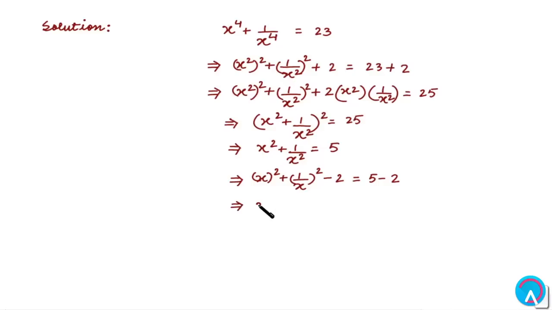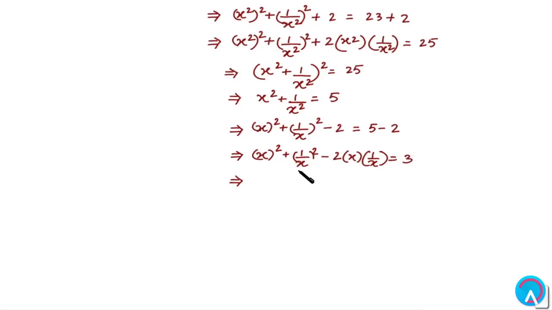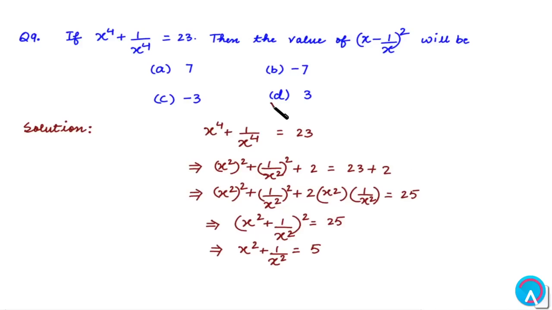This implies x whole square plus 1 by x whole square minus 2 multiplied with x multiplied with 1 by x is equal to 3. So here we have the formula for a minus b whole square. So this becomes x minus 1 by x whole square is equal to 3. So for this question we are getting 3 as the answer. Let's see what are the options we are given here. So the correct option here is option D.